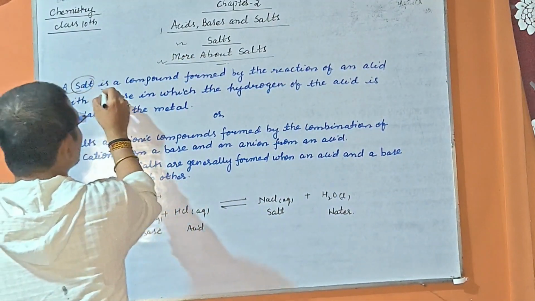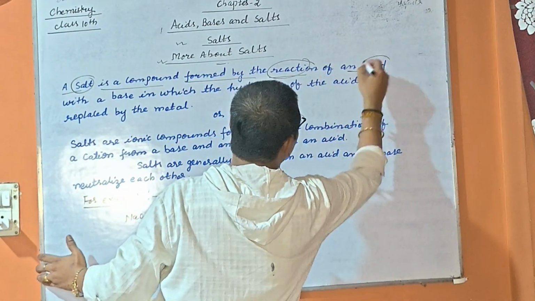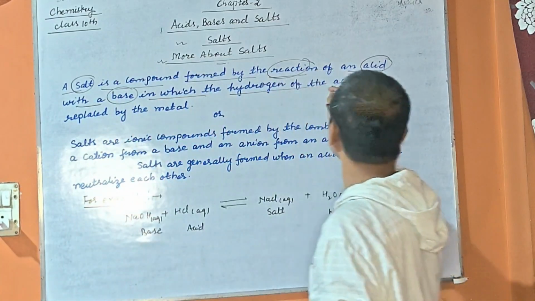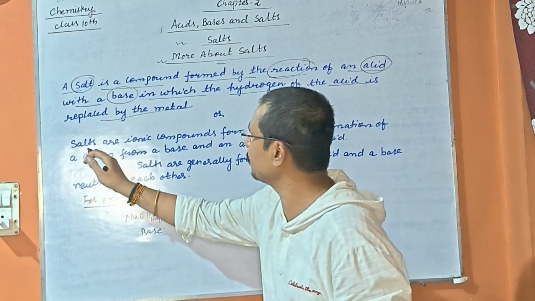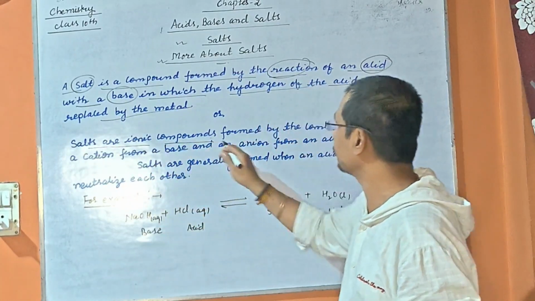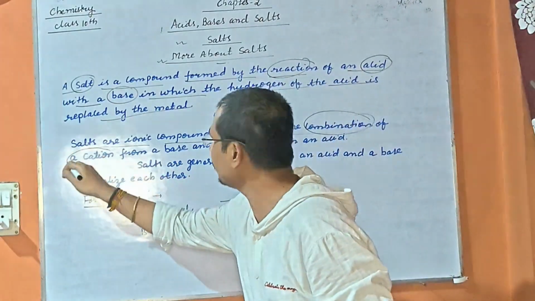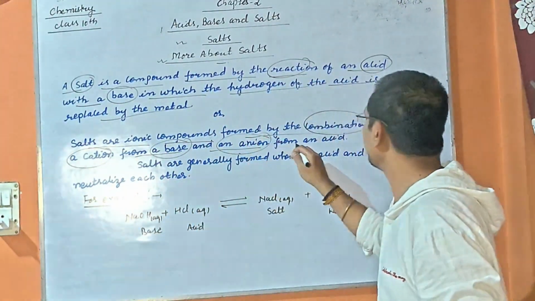A salt is a compound formed by the reaction of an acid with a base in which the hydrogen of the acid is replaced by the metal. Or you can say salts are ionic compounds formed by the combination of a cation from a base and an anion from an acid.